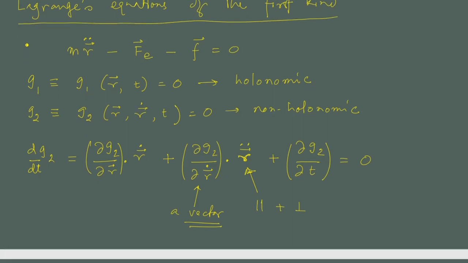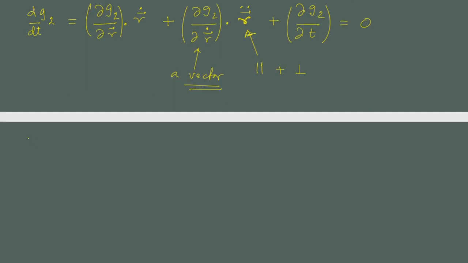As such, we may say that the force coming from this particular constraint is proportional to del g2 by del r dot, and we can say it might be equal to, if we multiply by a proportionality constant whose value we do not know yet, lambda 2 del g2 by del r dot. So this is our force.